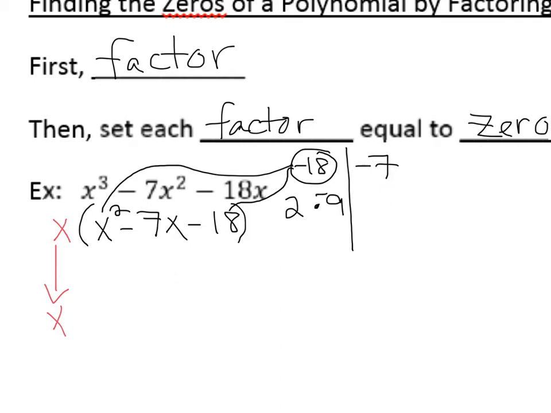Now, since this was an x squared, it means I can directly start my parentheses. Remember, we only have to go through grouping if our a value is not a 1. So I have x plus 2, since it's a positive 2, and then x minus 9 for the negative. Now remember, if you flip those parentheses and you wrote x minus 9 and x plus 2, that's fine. And now we set each of those factors equal to 0.